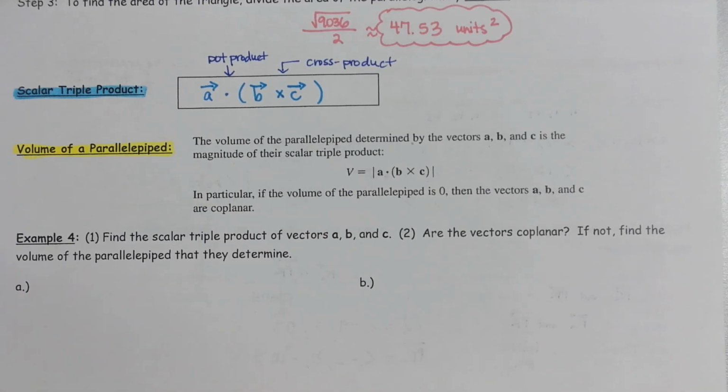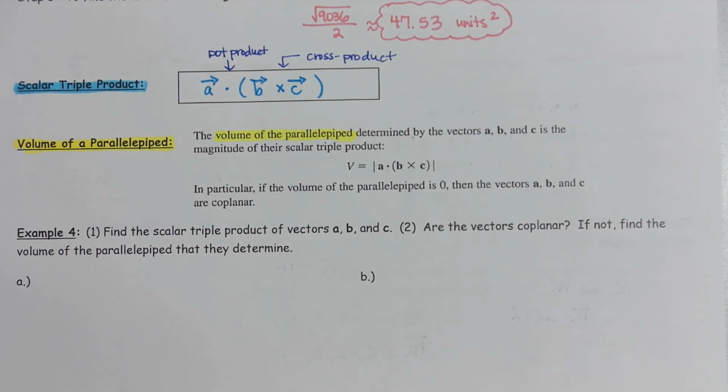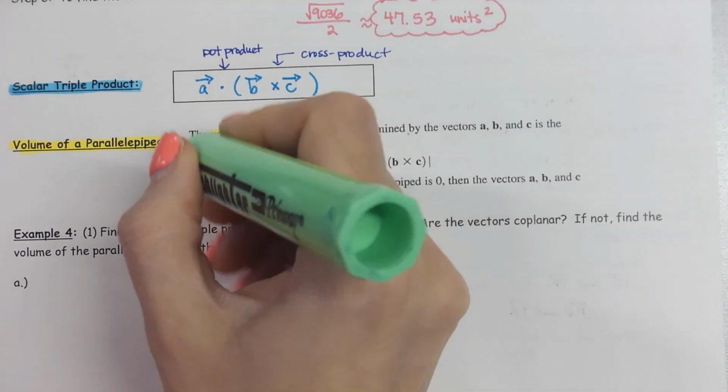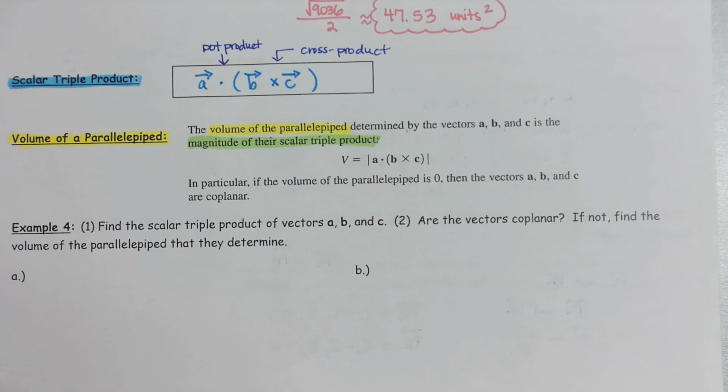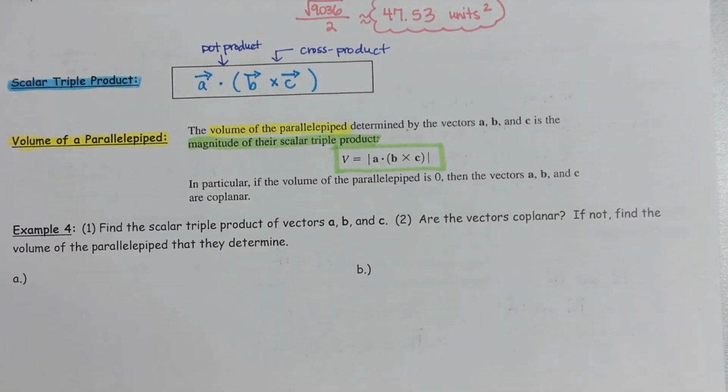The volume of a parallelepiped determined by the vectors A, B, and C is the magnitude of their scalar triple product. So if you have to find the volume, you're going to find the scalar triple product, and then find the magnitude of that.